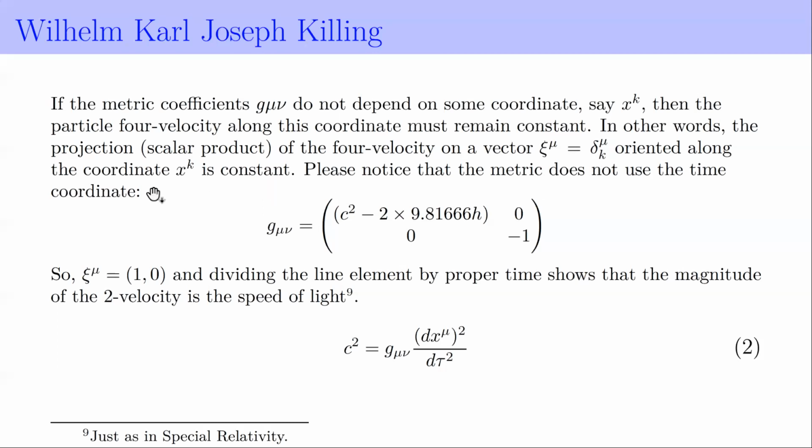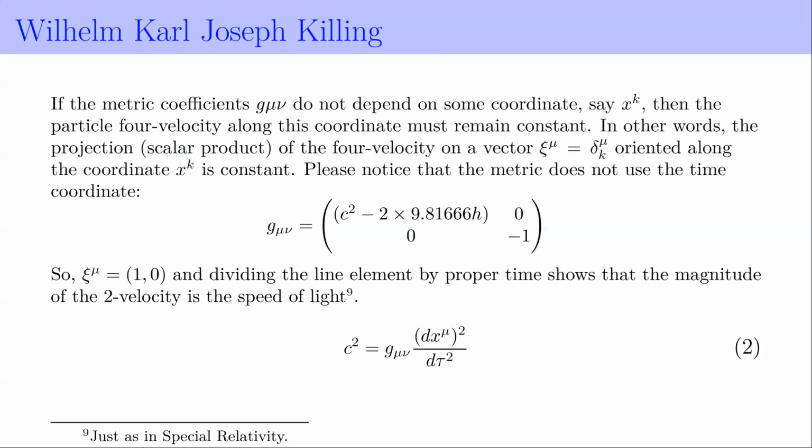So the metric that we just showed has no time in it, only space, h. That's the only coordinate. So the Killing vector in this case is a unit vector along time. Another thing you have to remember, if you remember from special relativity, is that we all go at the speed of light.